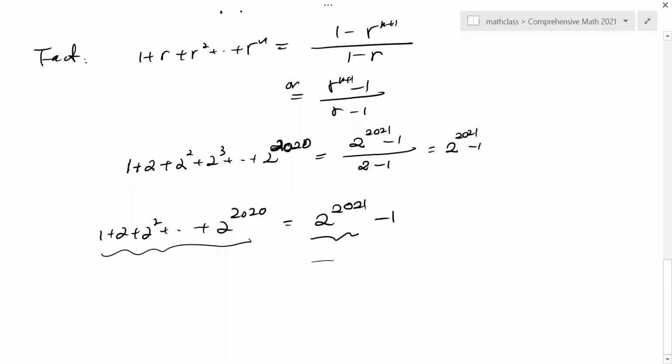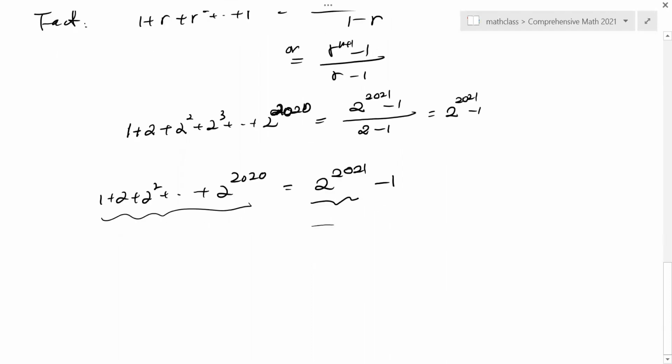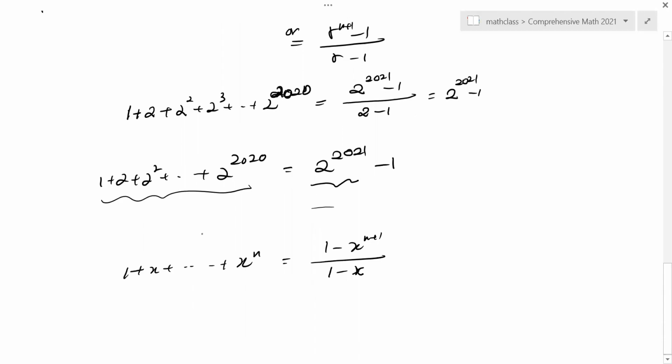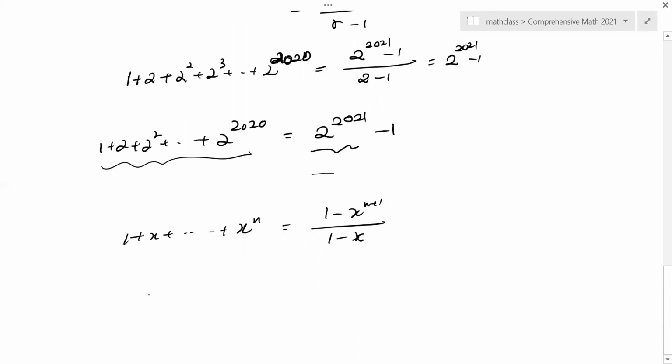Another interesting application is about the identity. Look at this. Actually, I can change the x in 1 minus x to the n plus 1. I can multiply this out. I can write 1 minus x times 1 plus x all the way to x to the n.